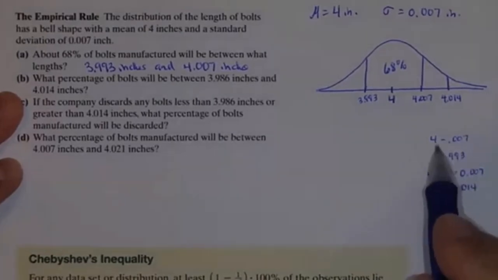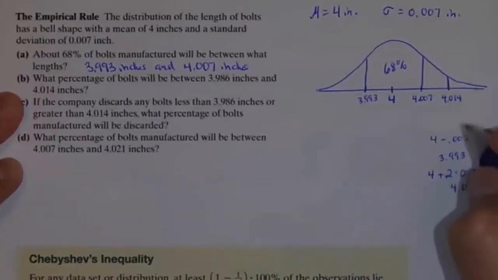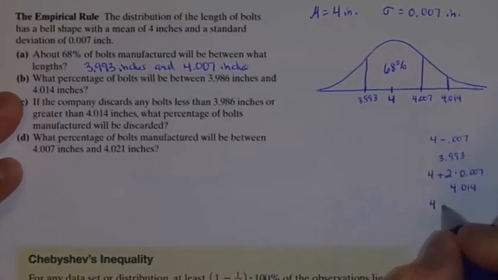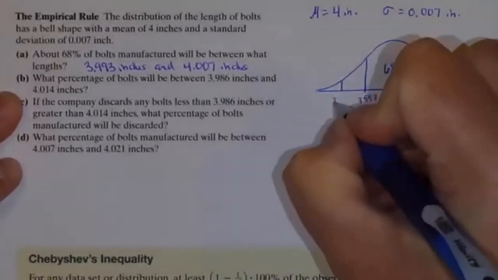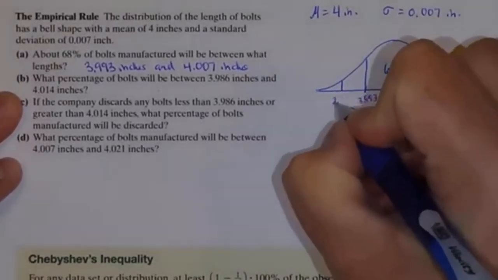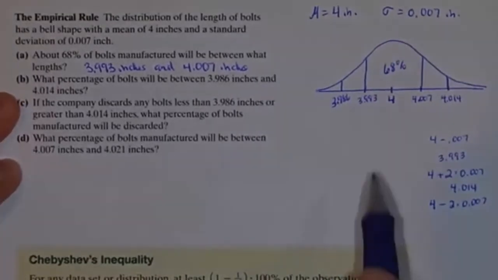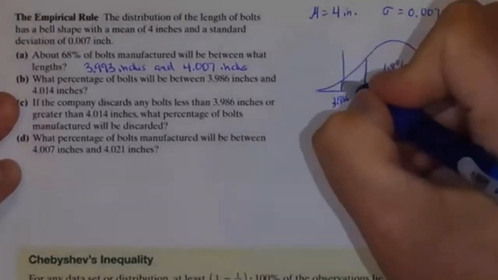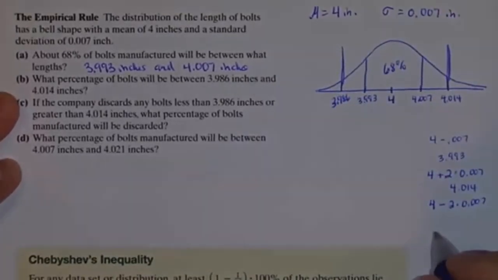If I take the 3.993 and subtract 0.007 again, that gives me the 3.986. In other words, if I take 4 minus 2 times 0.007, that's going to equal 3.986. So these values are 2 standard deviations from the mean.